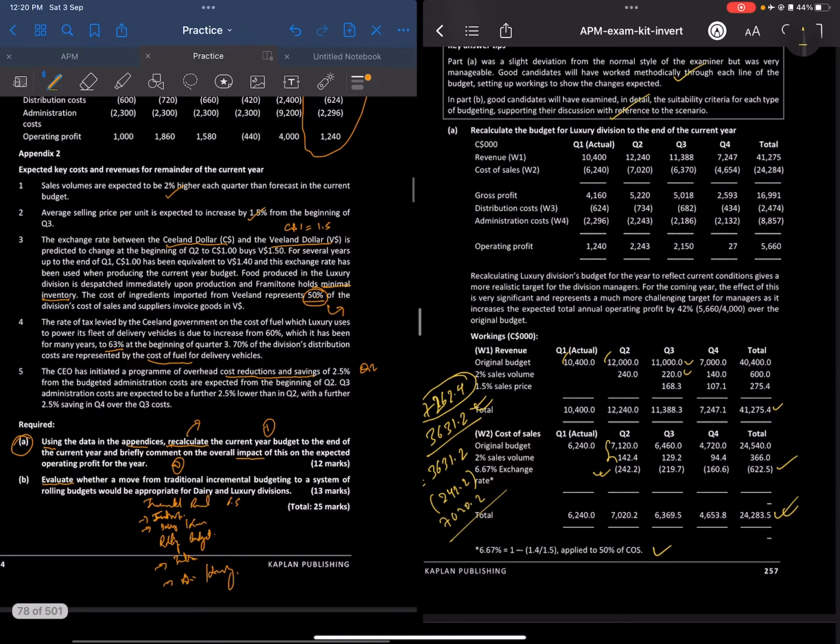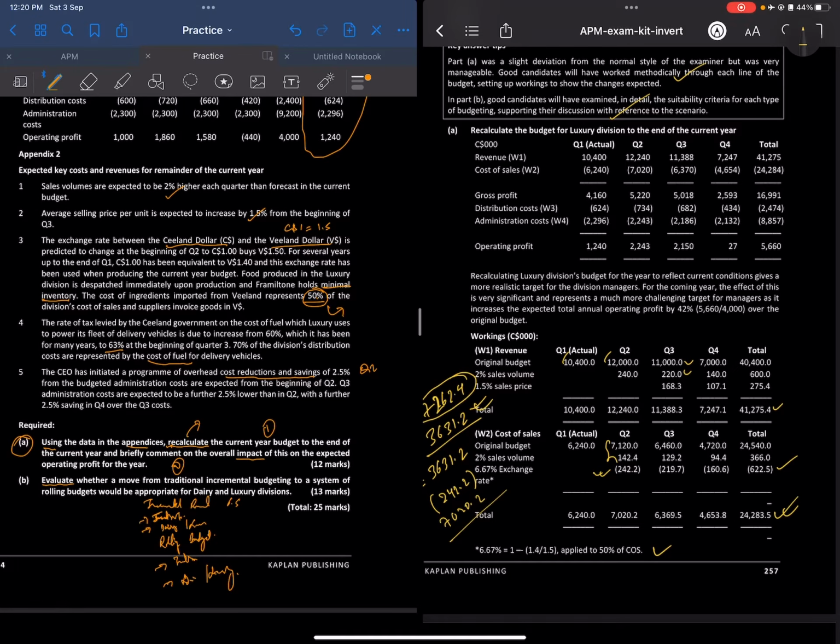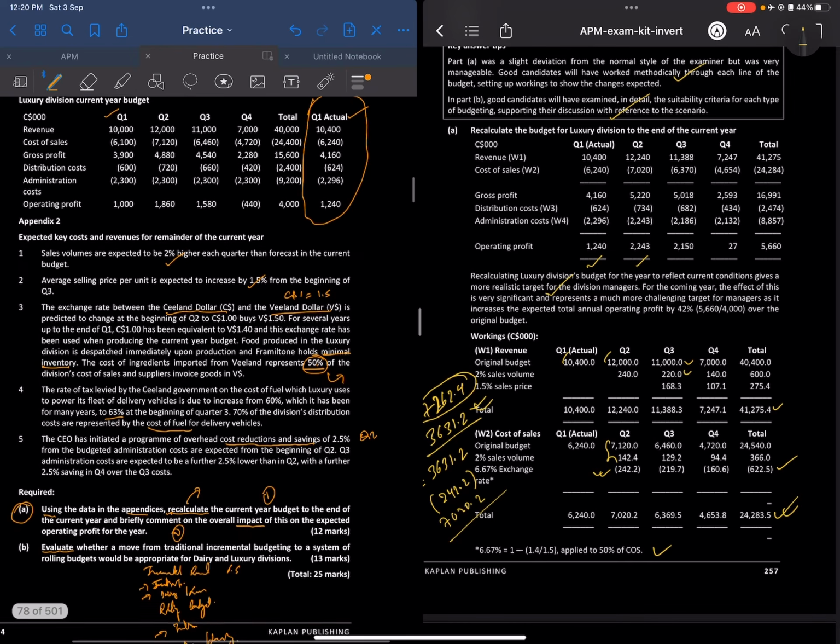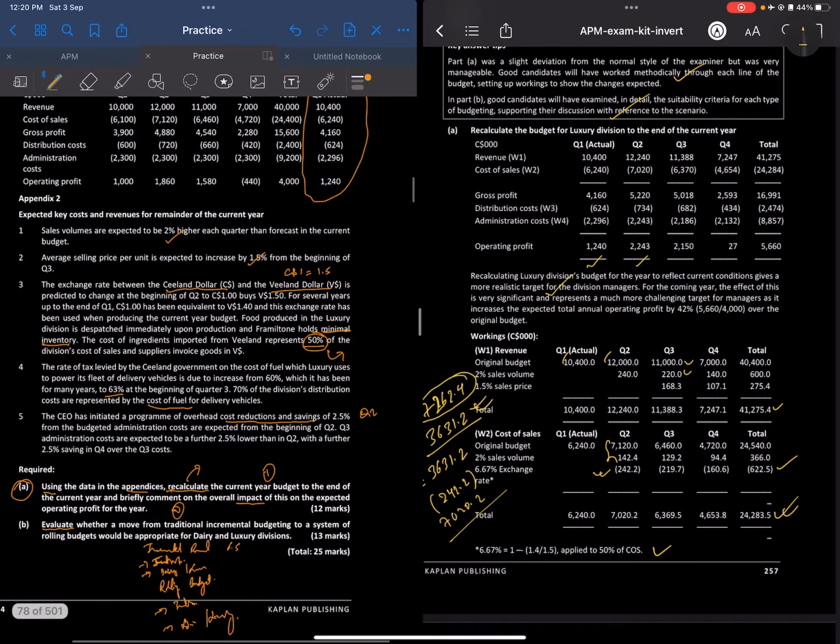So recalculating the budget for the year to reflect current conditions gives a more realistic target. Right now it is 1240, the profit is 2243, right? So it gives a more realistic target, and let's just explain some of the figures.